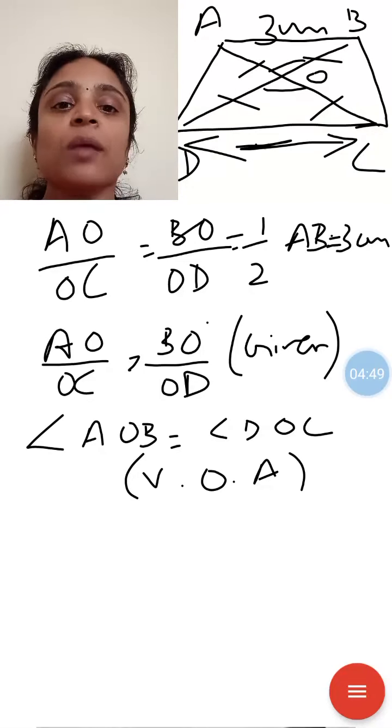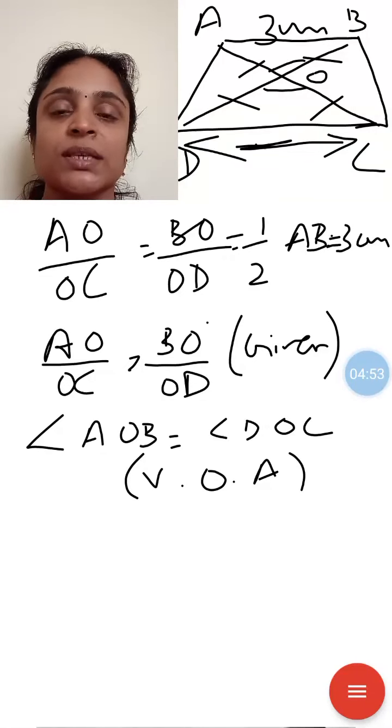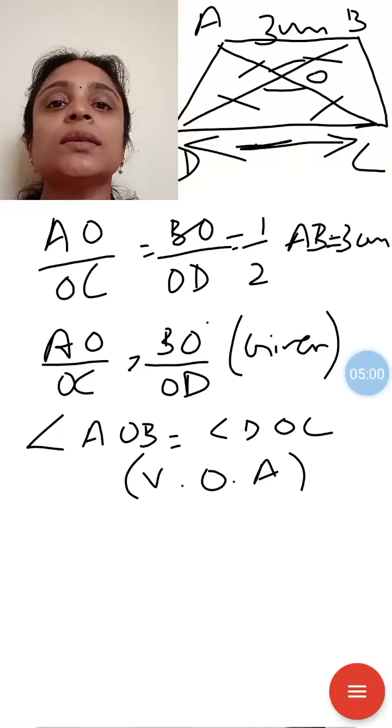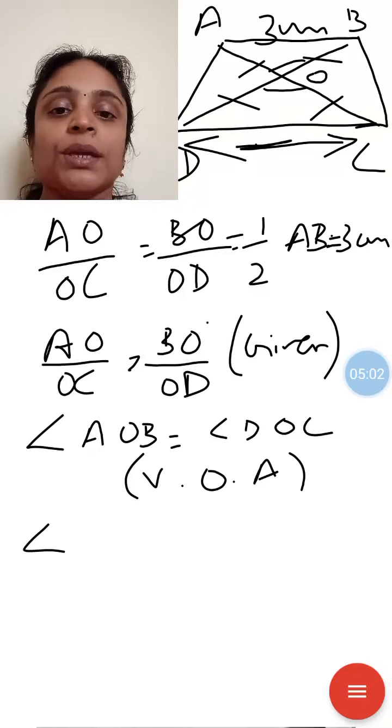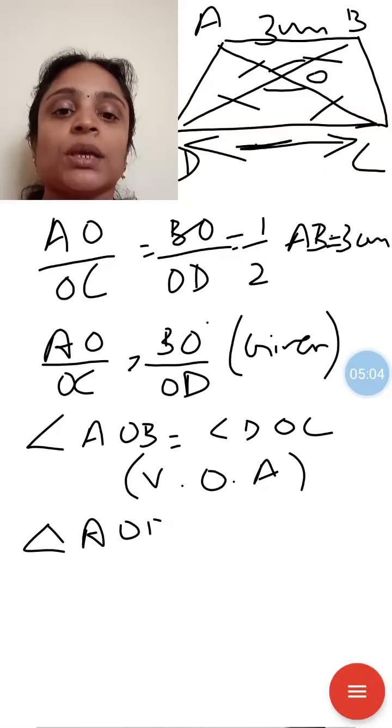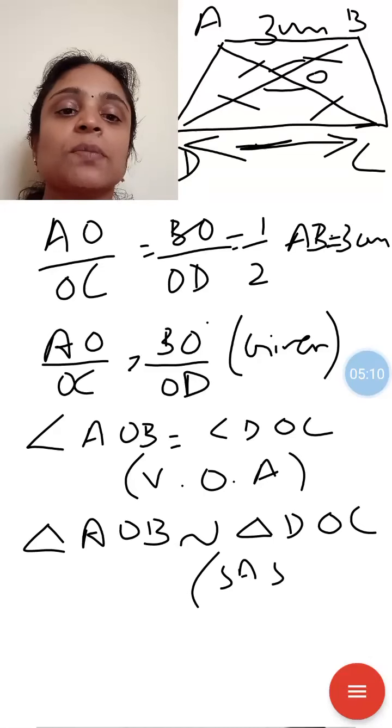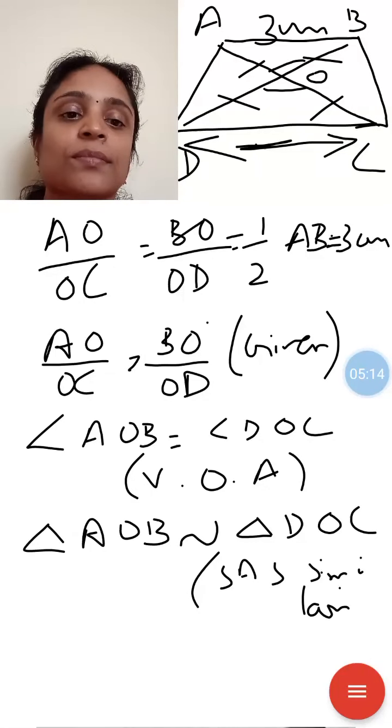And from this, the sides are AO by OC is equal to BO by OD and one angle is equal, which means triangle AOB is similar to triangle DOC from SAS similarity. Right?